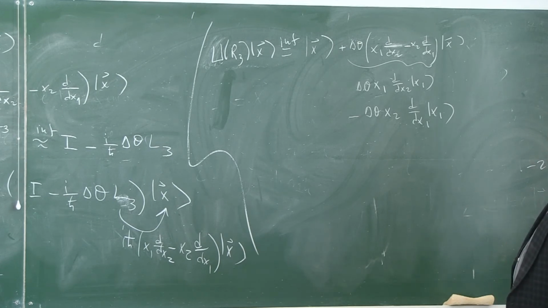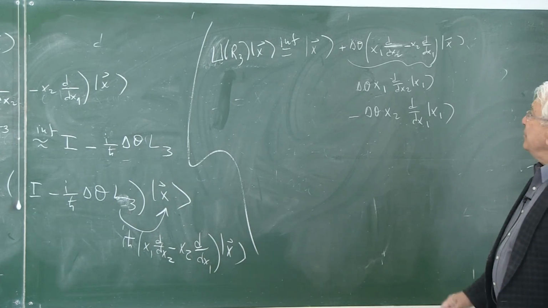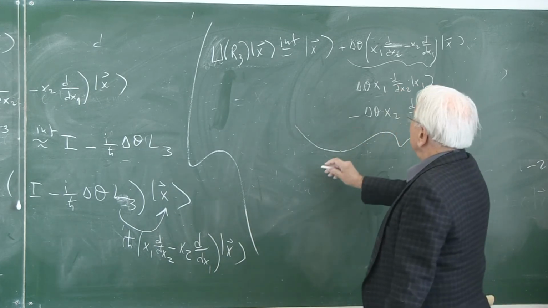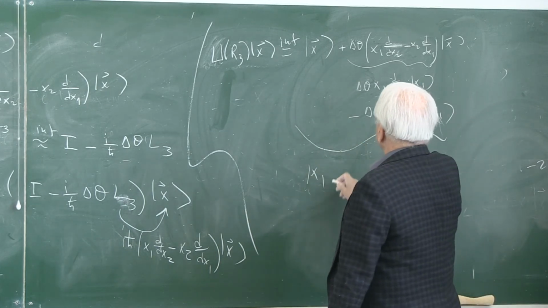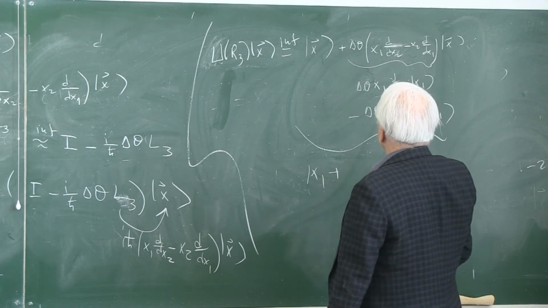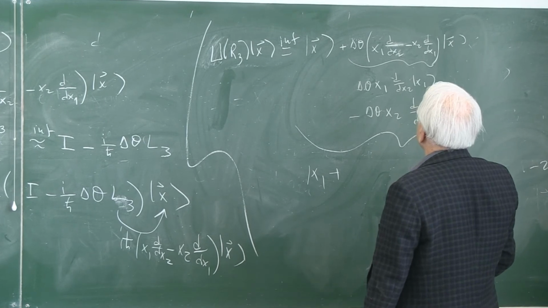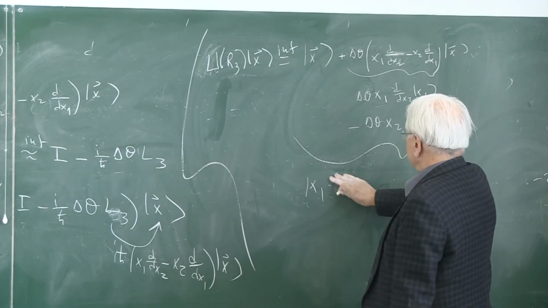What is this really? Is this the Taylor series expansion to first order of the following? x1 plus, minus.